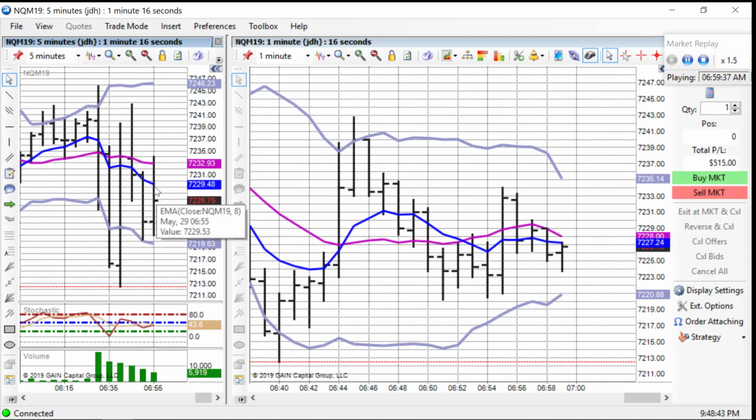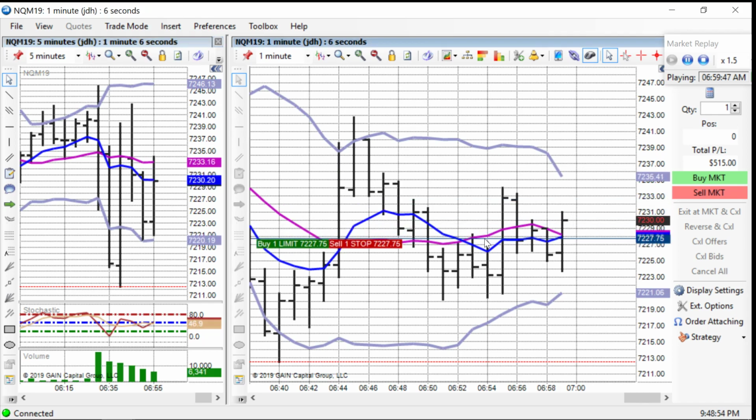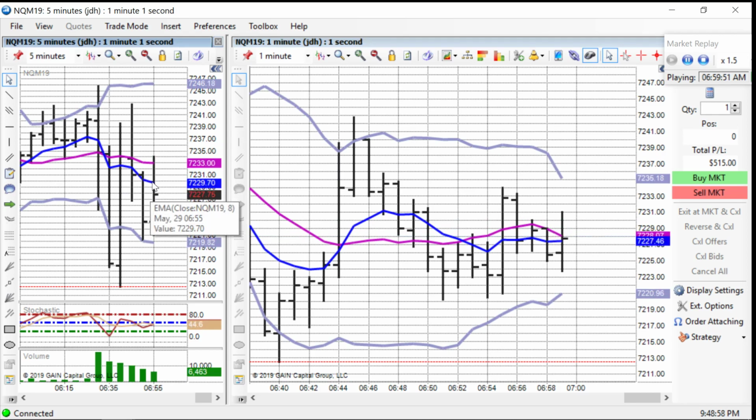Could have gone short here but the bar is a reversal bar. And I can't take the long trade here. That's a crossover, because the 5-minute is still pointed downward. See how the conflict exists there?